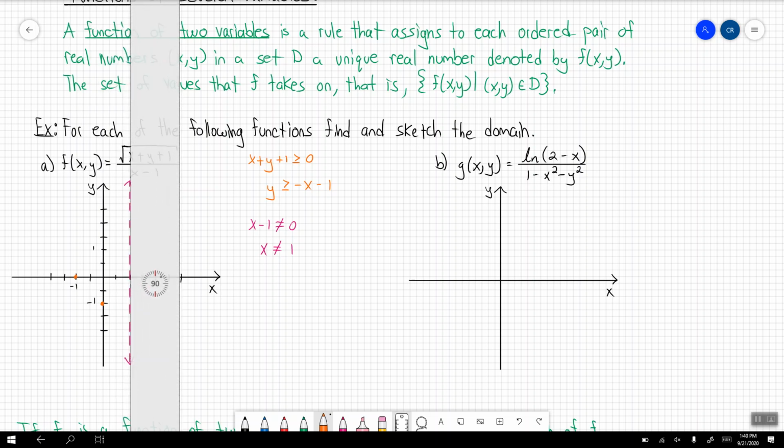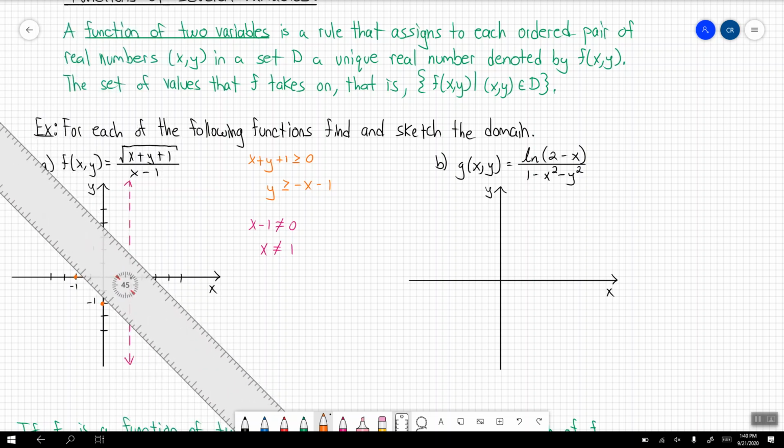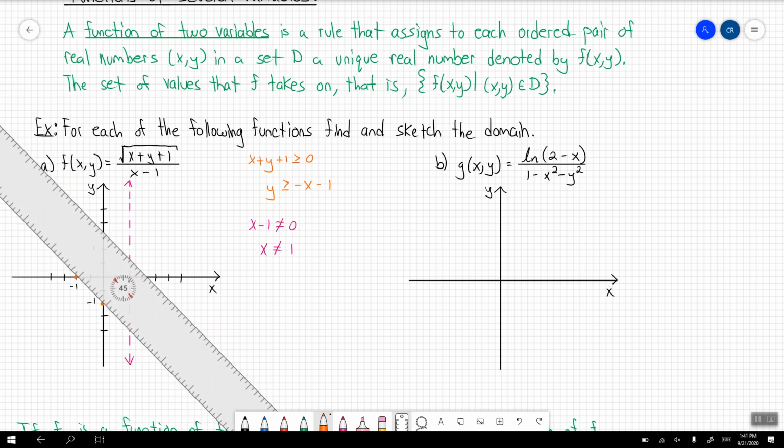And all we're going to do is create another line here, and we're going to make this solid, because it's going to have to be everything greater than or equal to this line.